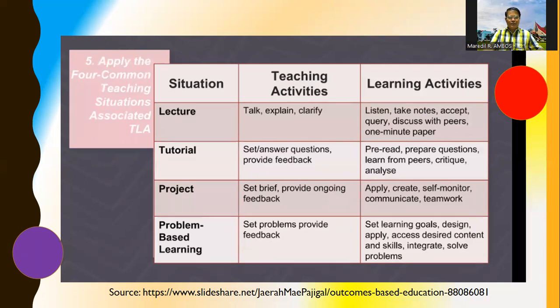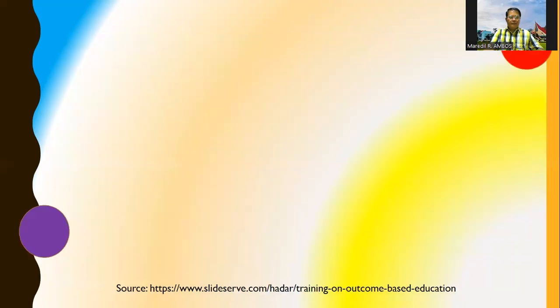Here, for teaching activities, you need to set problems and provide feedback. Then set learning goals. In the learning activities, design, apply, assess, discard content and skills, then integrate, and solve problems. So these are the 4 common teaching situations associated with TLE.